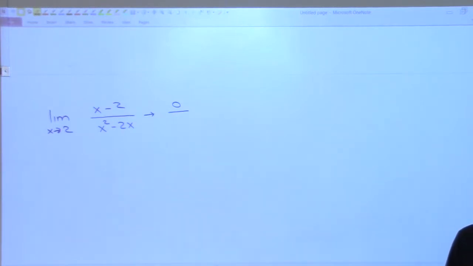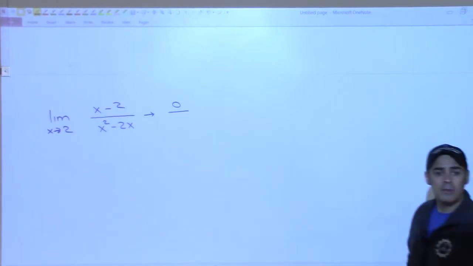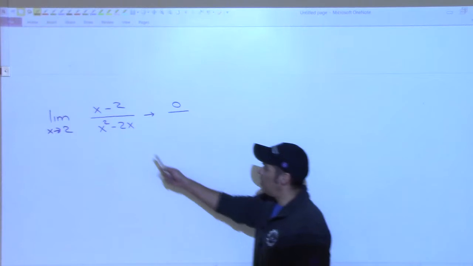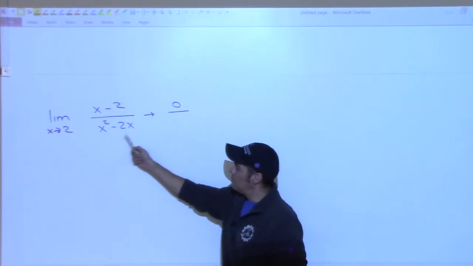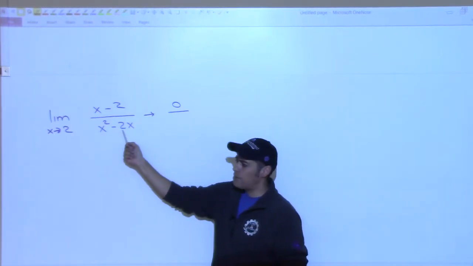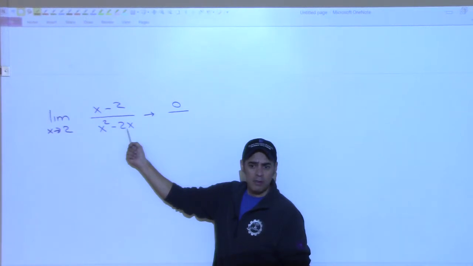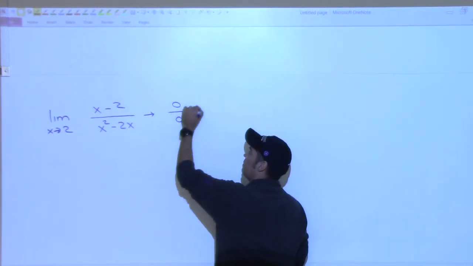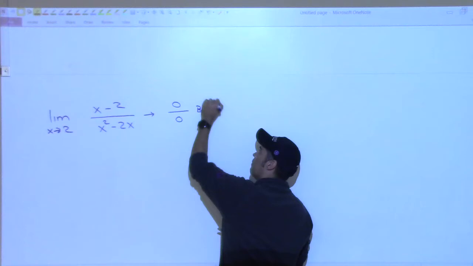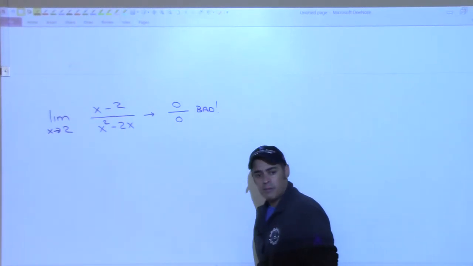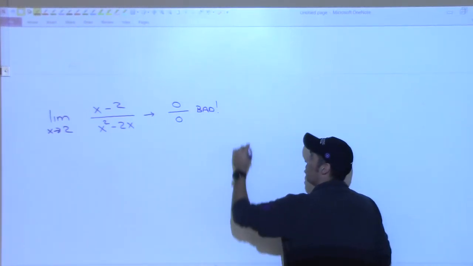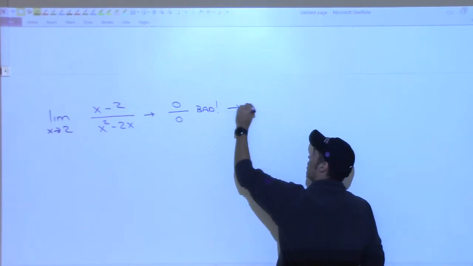Is the bottom headed towards 0 though? So 2 squared is 4, minus 2 times 2 is 4. So 4 minus 4. So we get 0 again. This is bad, right? And Gabriella, anytime we see bad, we think what? Algebra, right?